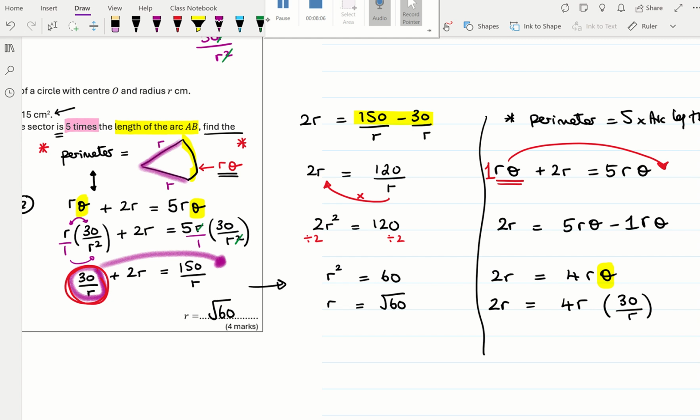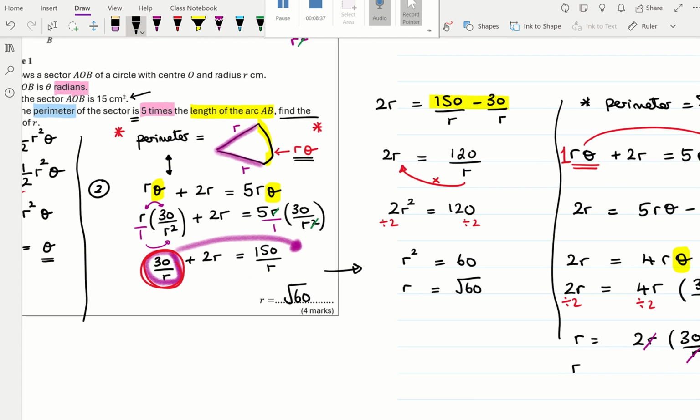Actually, I can then divide by 2, divide by 2. So r equals 2r 30 over r. And I can cross out the r's, so it gives me... what have I done?